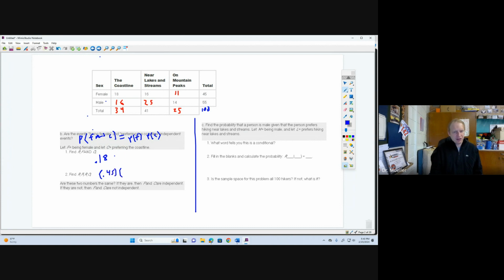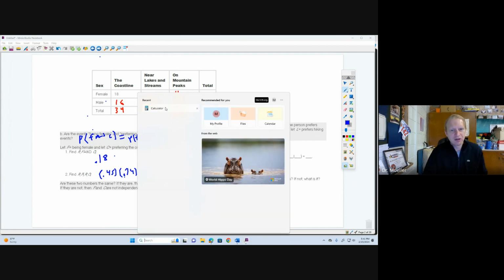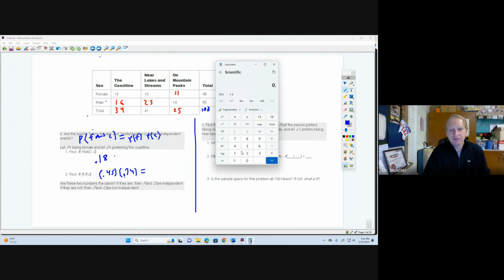And then the probability that they're along the coastline would be 34 out of 100 or 0.34. So when you multiply 0.45 times 0.34, we get 0.153.